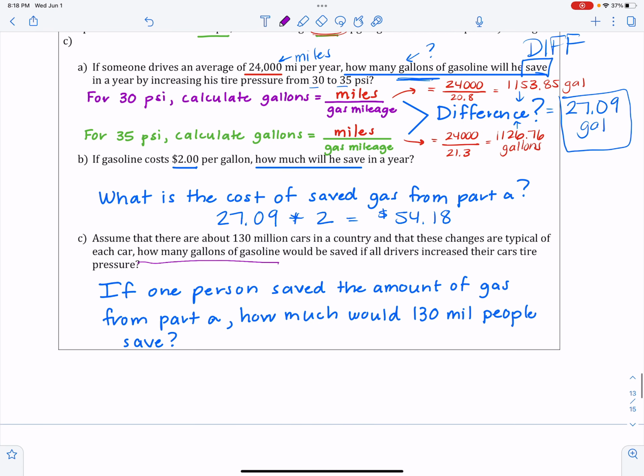So now we're going back to the number of gallons saved, which was 27.09. Now we're saying that's for one person, right? So all we want to do here is apply that to 130 million people. So 27.09, multiply that by 130 million.